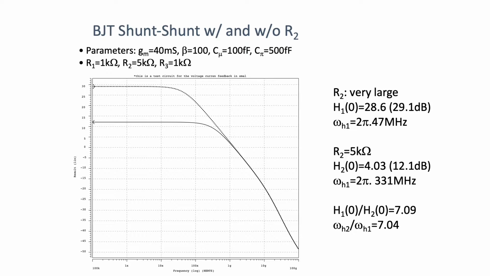What's interesting is that if you calculate the ratio of the gains before and after, 28.6 divided by 4.03 is 7.09, 7.1-ish, right? And the ratio of the new bandwidth to the old bandwidth, 331 megahertz to 47 megahertz, is 7.04.